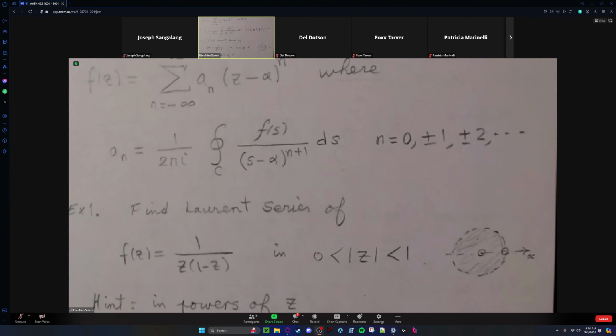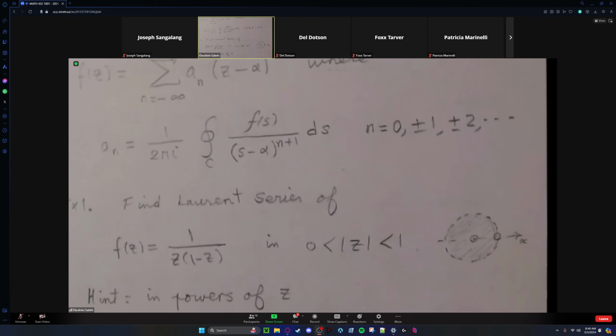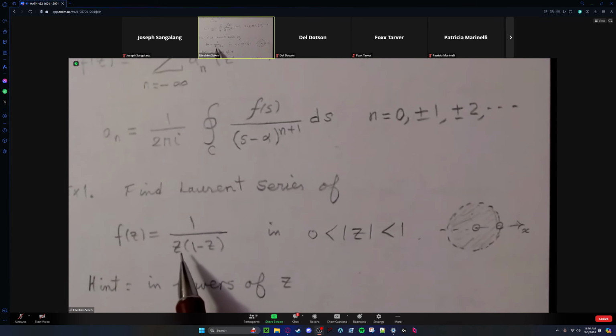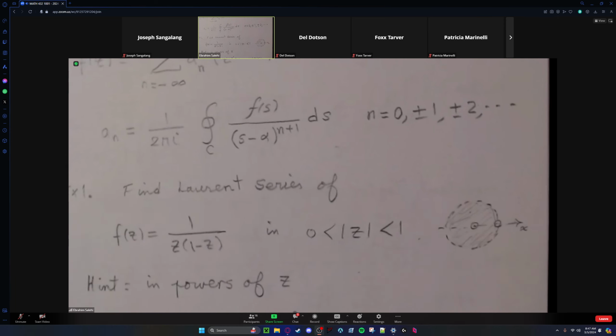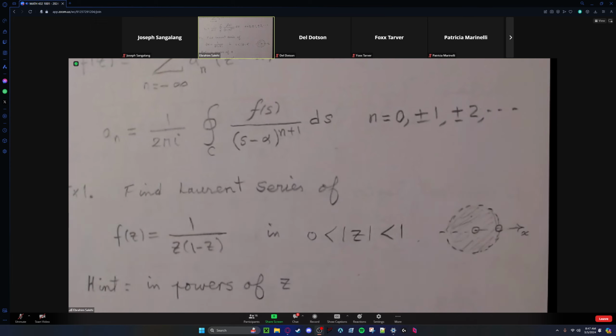Here is what we do. This is the function. If I want to write this in powers of z, I will not mess with this one because it's already in powers of z. So I only need to look at this function and express the rest of it in powers of z. Let me tell you why.